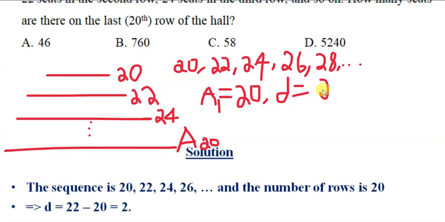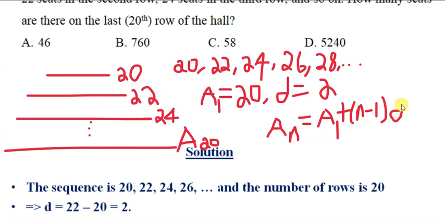The general term is denoted by an and is equal to a1, the first term, plus n minus 1 times d. That is how we define the nth term of an arithmetic sequence. We already have seen this in the first part of the video.